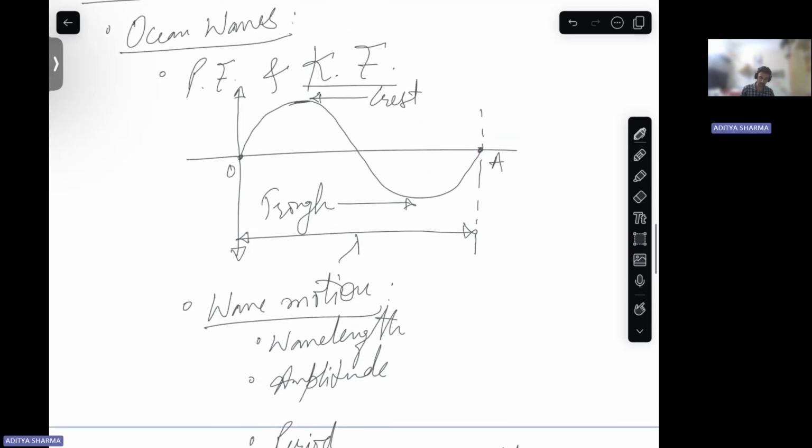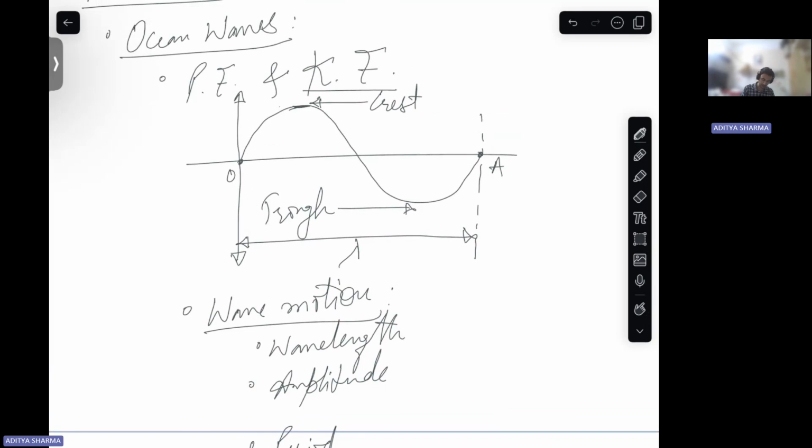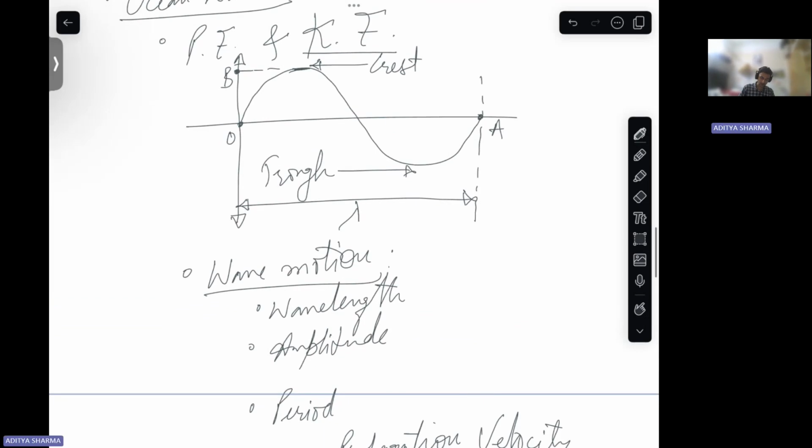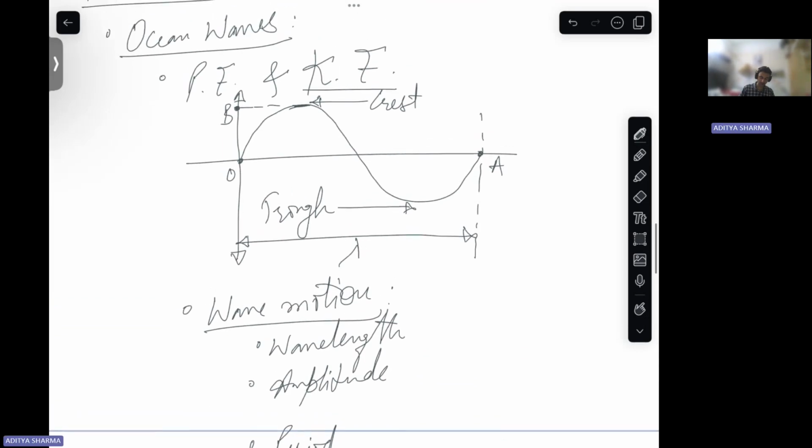Okay. What is your amplitude? Amplitude is this. O to B is your amplitude. O to A is your wavelength. Then the time taken.